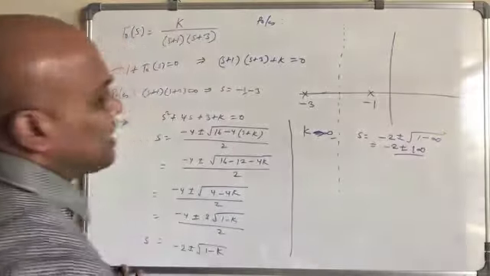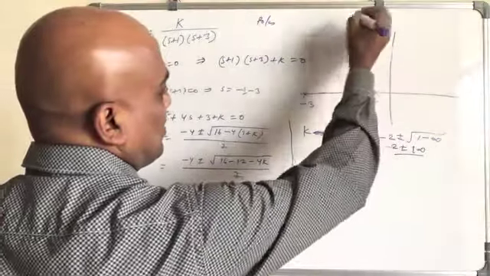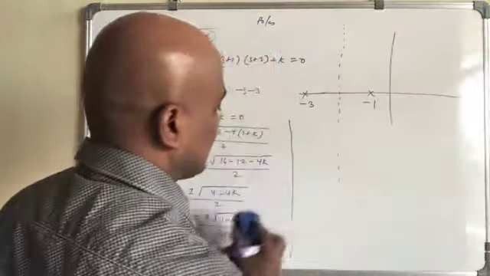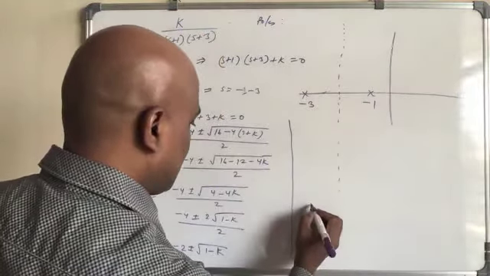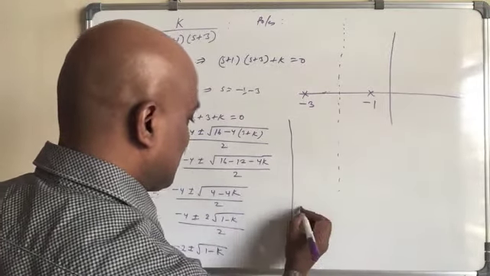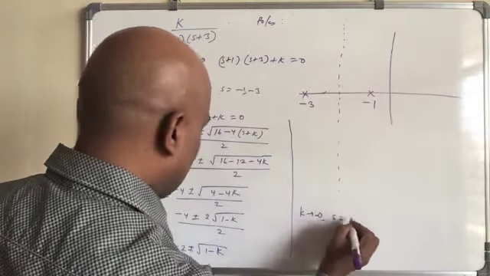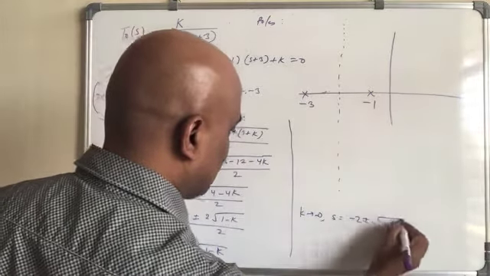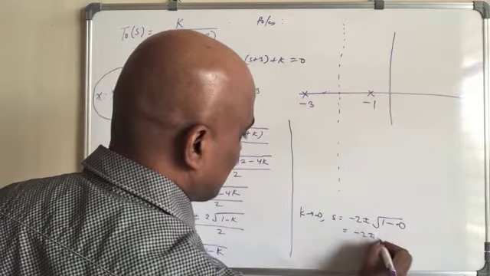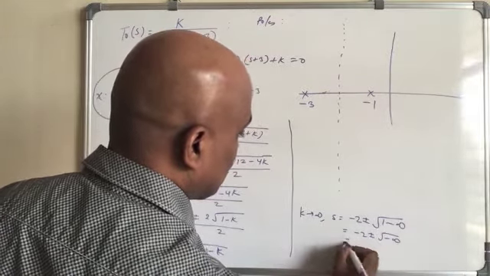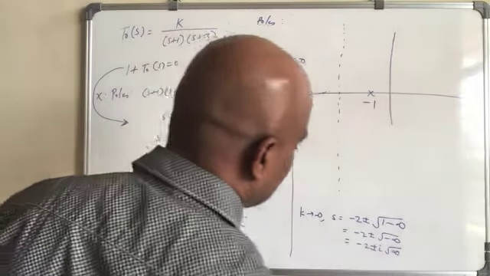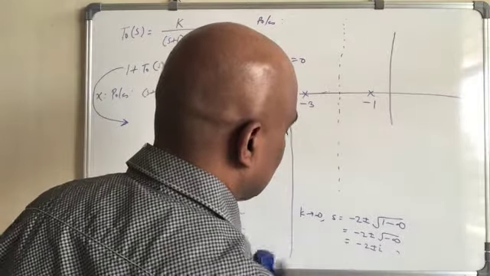Let's write it here. K tends to infinity means S equal to minus 2 plus minus root 1 minus infinity, and that is minus 2 plus minus root minus infinity, equal to minus 2 plus minus j root infinity, or simply infinity.